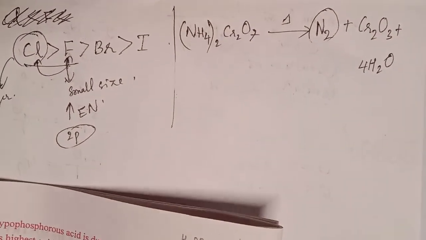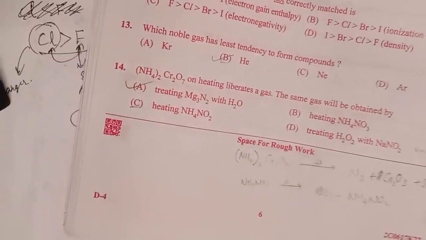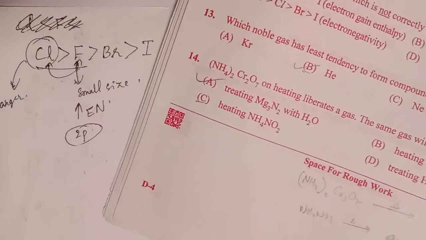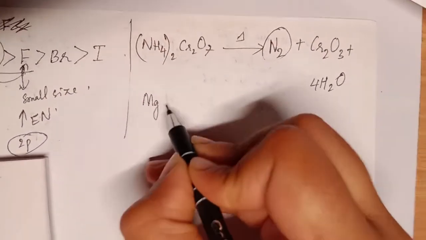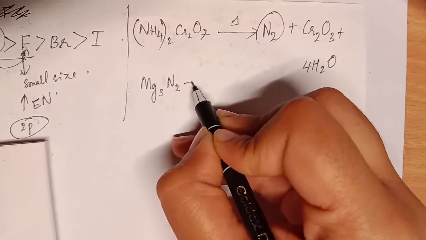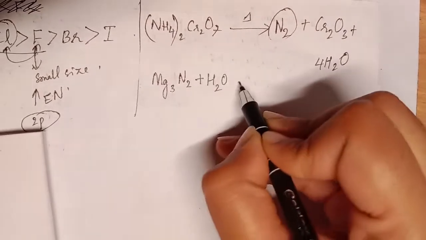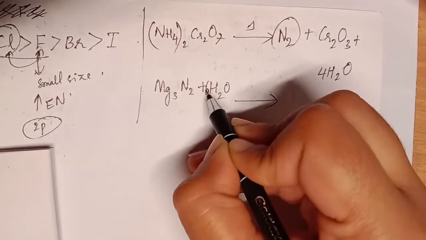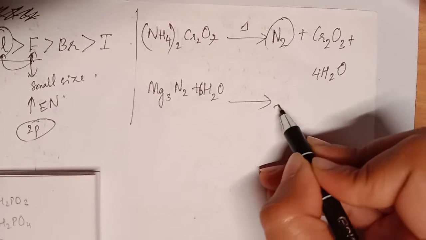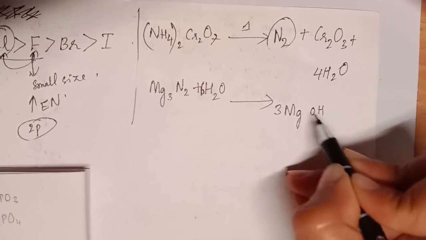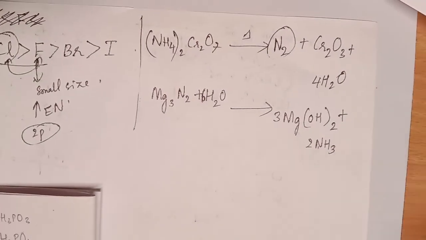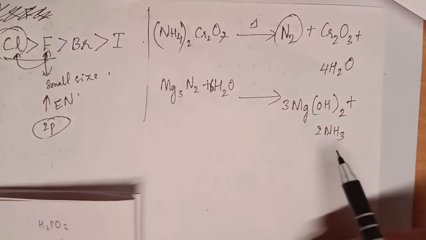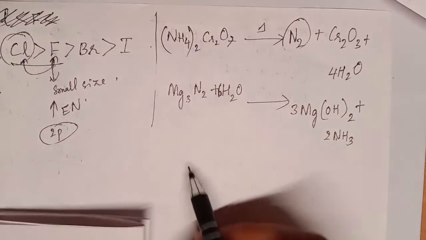We'll check in the options which option has nitrogen evolving in it, right? So option A is treating Mg3N2 with water. Mg3N2 with 6 moles of water will give 3 Mg(OH)2 plus 2NH3. So we don't get N2. Nitrogen gas is not released. So this is not the answer.